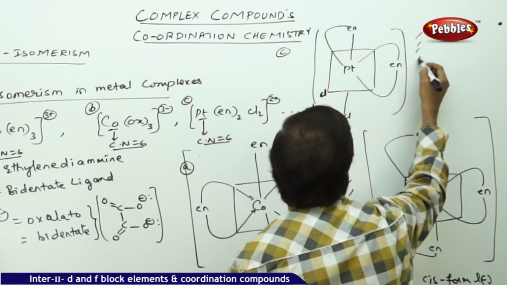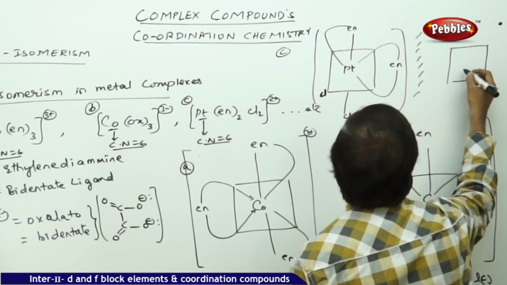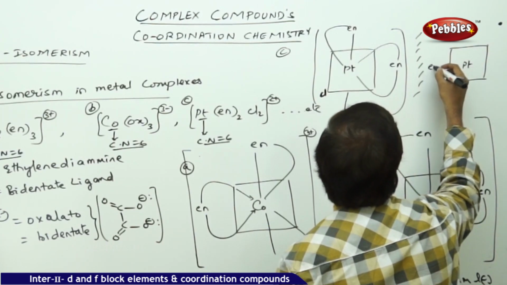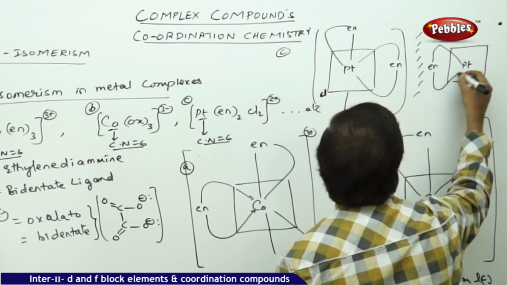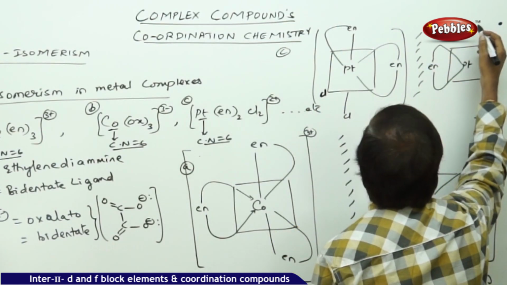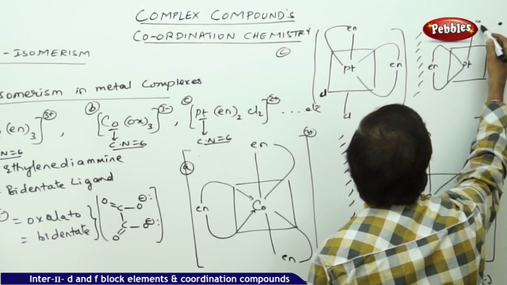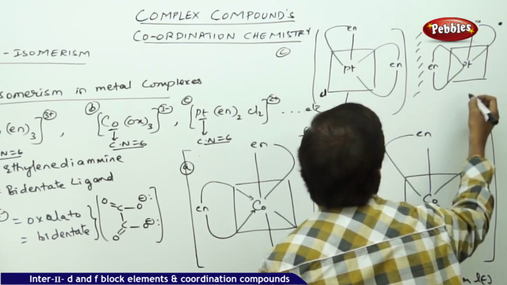So place a mirror. Again you find that after the rotation has taken place, take the platinum, you can definitely see that ethylene diamine comes to the left side. Now here it is on the right side, now it has come to the left side. Now here it is on the left side, so take it to the right side. You can take it like this, and here we have a chloro group.